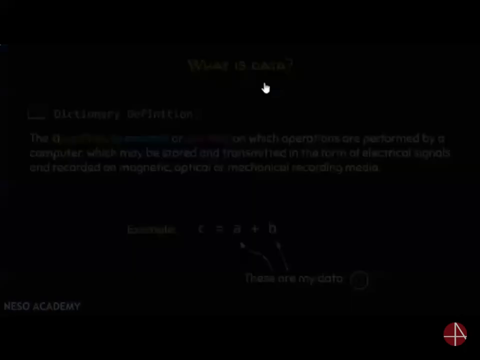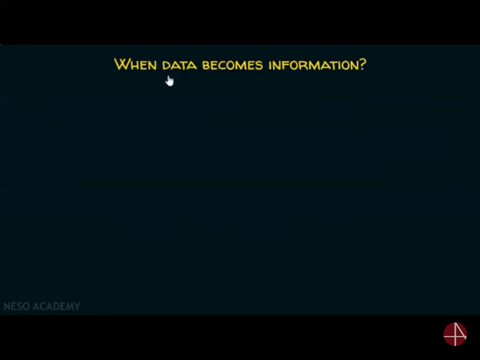Now, let's try to understand when data becomes information. There is a distinction between data and information, and it is one such topic which is very confusing. We often interchange these two terms, right? But there is a distinction between data and information. Let's try to understand what is that. When I say just a collection of characters like this or a collection of symbols like this, then this is just data.